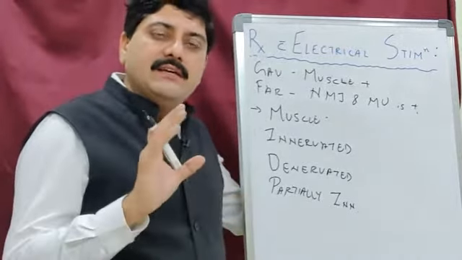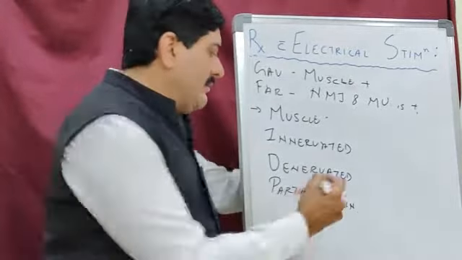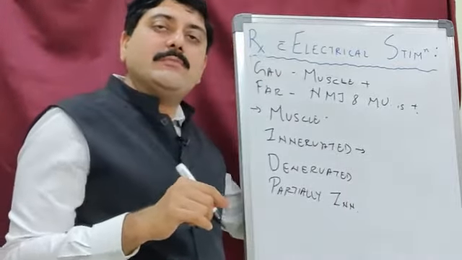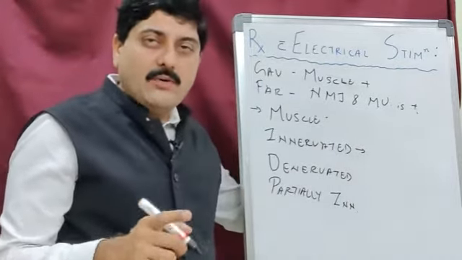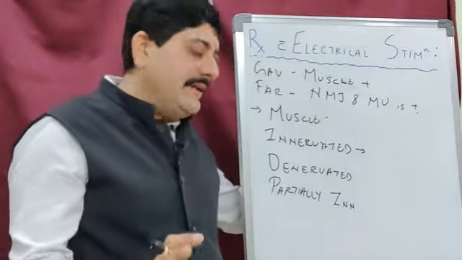Do you understand this? We have read this previously also, so I'll just brief it up. Innervated muscle means that because of atrophy or wasting, the property of muscle has gone down, but the neuromuscular junction and nerve to the muscle are absolutely intact, right?